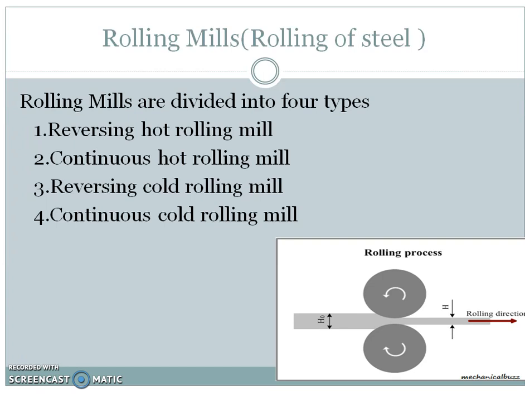Cold rolling mill means the temperature is normal, room temperature. In both cases there is a reversing process and a continuous process. We shall study that. What is the reversing? What is the continuous?